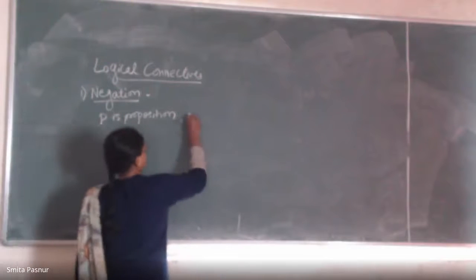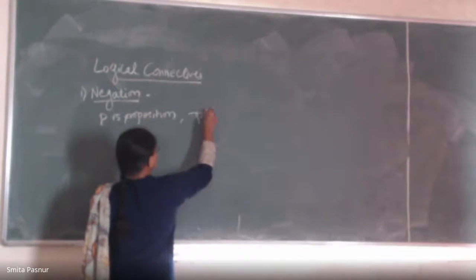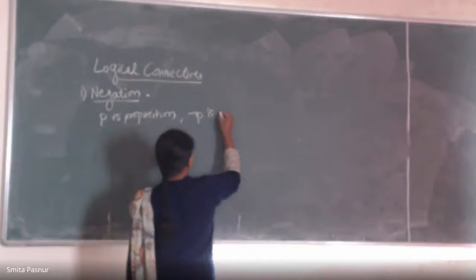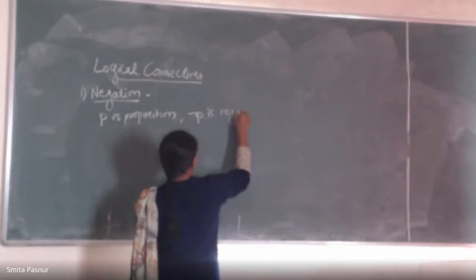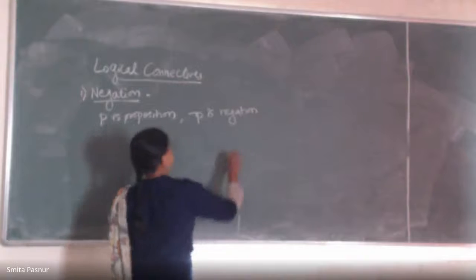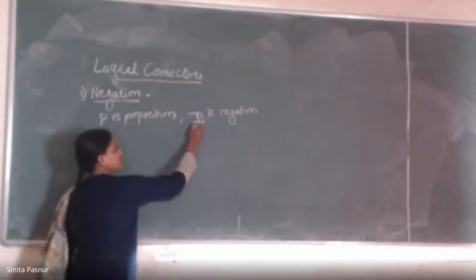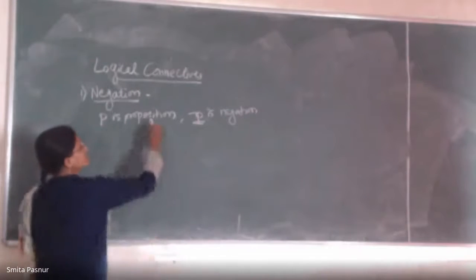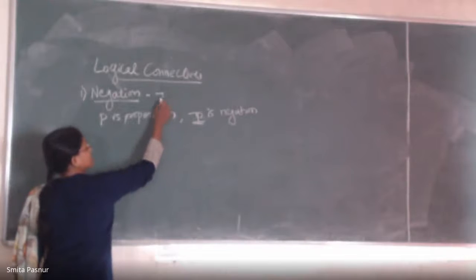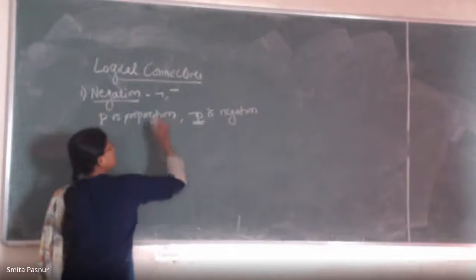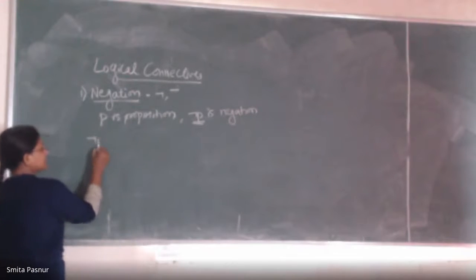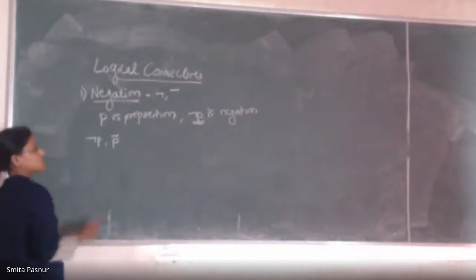This is the negation of P. This is the negation sign. You can see, this is the negation sign, or like this. That means I can write it like this or like this also.